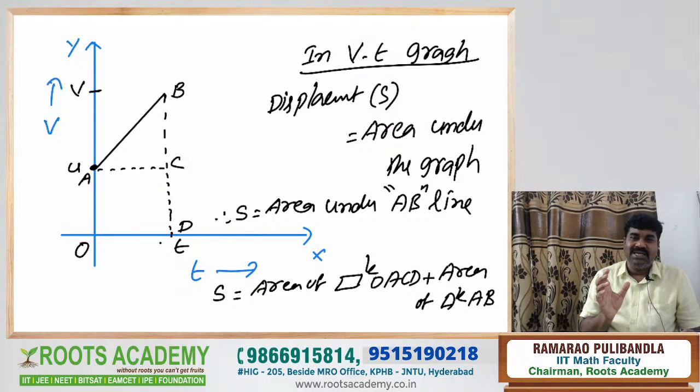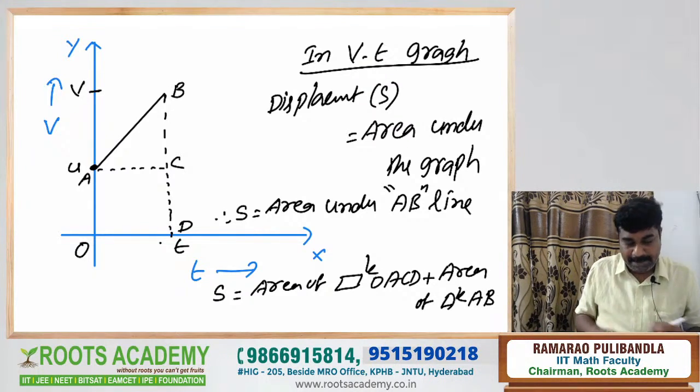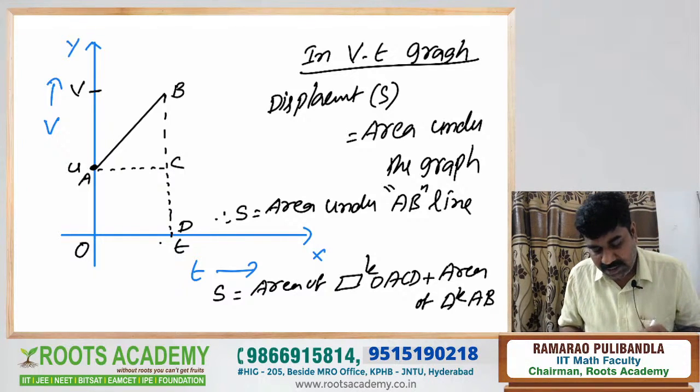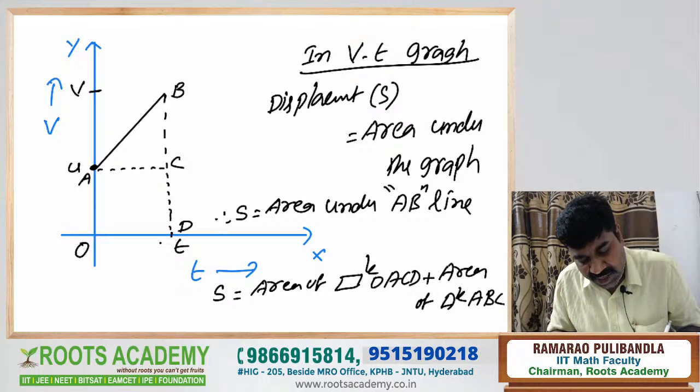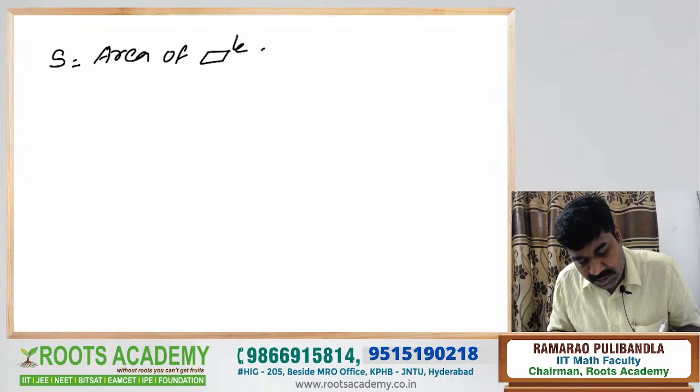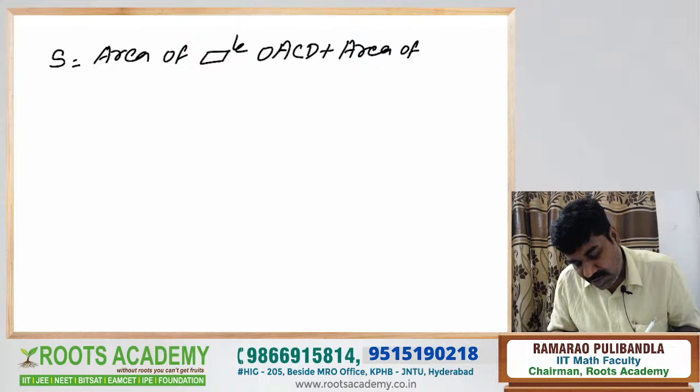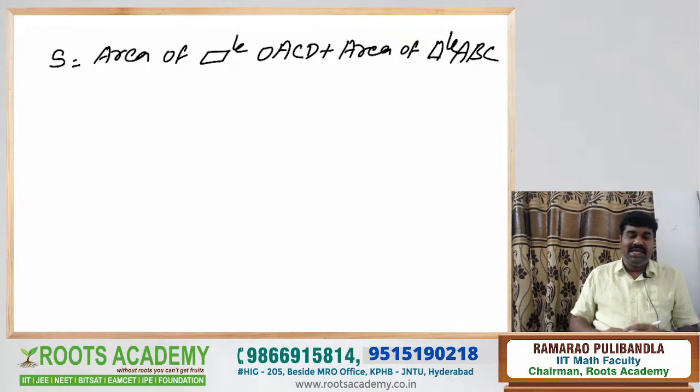Here, displacement S is equal to the area of rectangle OACD plus the area of triangle ABC.